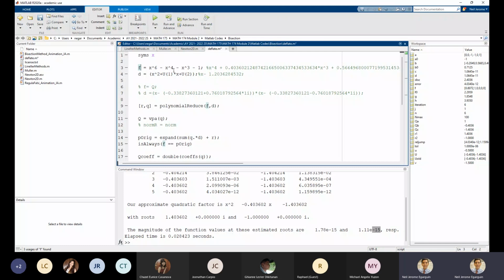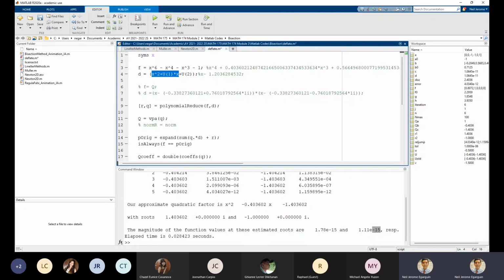Okay. Tapos line 4, ito yung divisor na na-compute natin mula kay Bairstow's method. Okay? So remember, ang form ng quadratic factor na binigay sa atin ni Bairstow ay x squared plus u1 x plus u2. Wala akong clear dito para pwede kong magamit yung mga results mula dun sa previous program na ni-run ko.